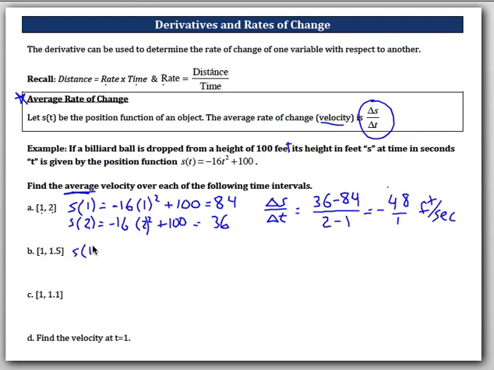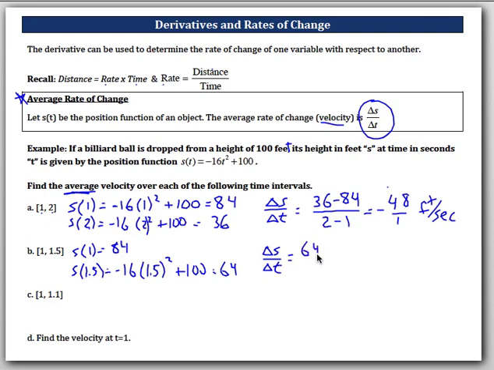So again, we need s of 1, which we already know is 84. And we want to find s of 1.5. So we're going to go negative 16 times 1.5 squared plus 100. And this gives me 64. So again, we're going to do delta s over delta t.